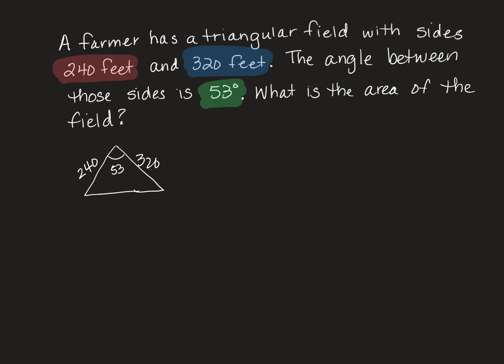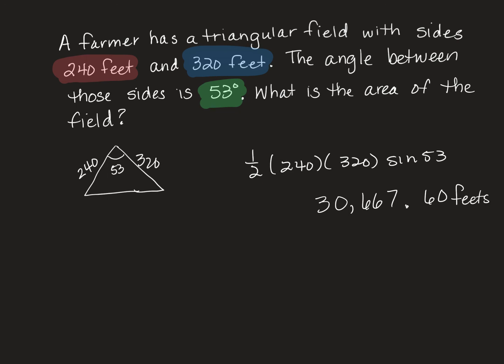So I'm going to do the two sides and sine of the angle in between them. So it's 1/2 times 240 times 320 times sine of 53, and I'm going to tell you how big that field is. So we're going to multiply that. 1/2 times 240 times 320 times sine of 53, and you're going to tell me that it is 30,667.60 feet squared.